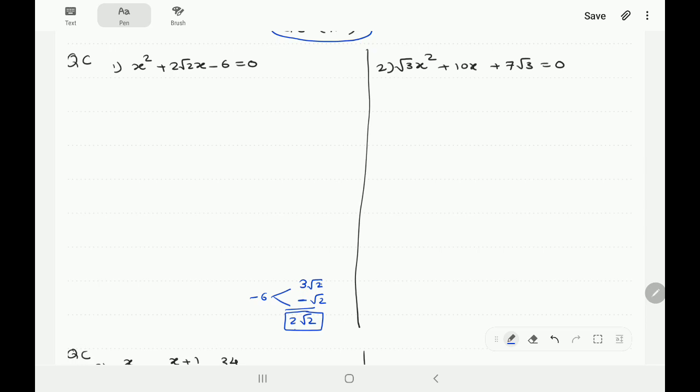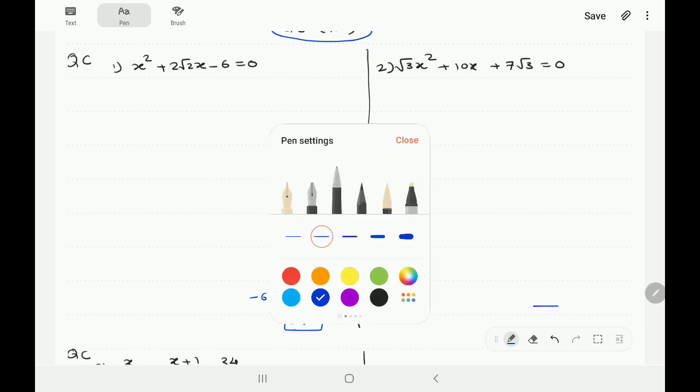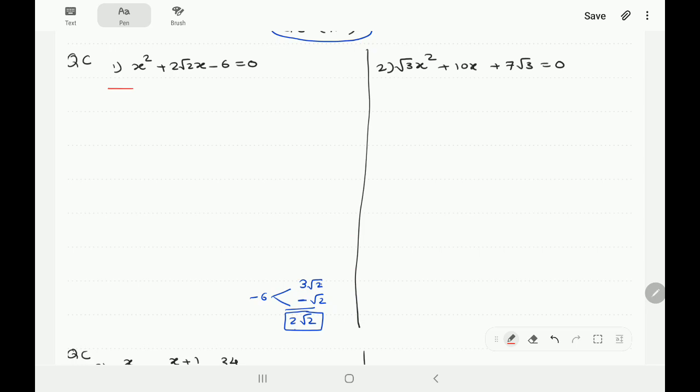So simple thing. Now I'll solve this one. So it is going to be x square plus 3 root 2x minus root 2x minus 6 is equal to 0. Hope you got it. So we have to take things common. As we all know, x can be taken common, and then I'm left with x plus 3 root 2, minus.